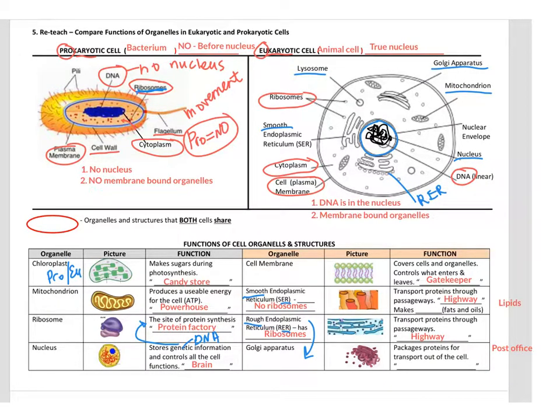And Golgi apparatus, what it does, it packages these proteins for transport out of the cell. And where do you normally bring your packages to be sent to your relatives? For example, you bring them to the post office. So we can compare the function of the Golgi apparatus to a post office. And one thing I forgot to mention is that smooth endoplasmic reticulum also is responsible for the synthesis of lipids, which are fats and oils. And this concludes our video, and it's time for you to answer some questions.